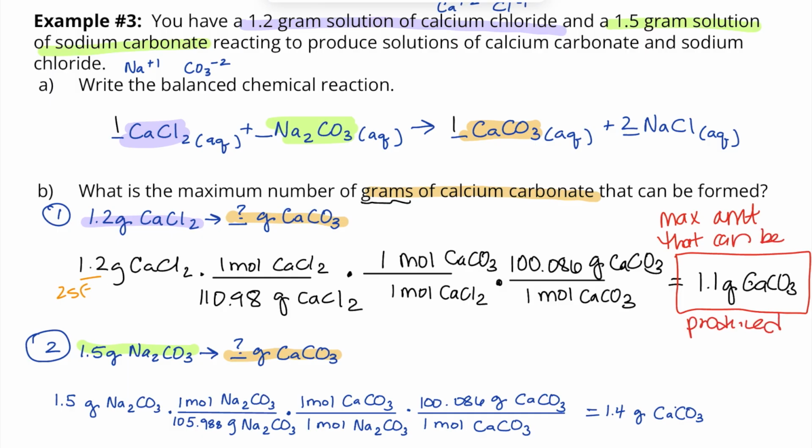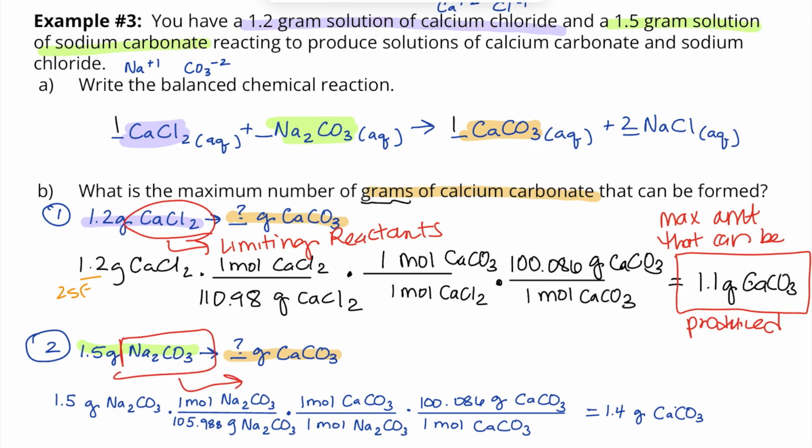Because after that much is produced, our calcium chloride, CaCl2, our limiting reactant, is going to run out. We don't have enough of that to use up all of that Na2CO3, which makes that our excess reactant in this case.